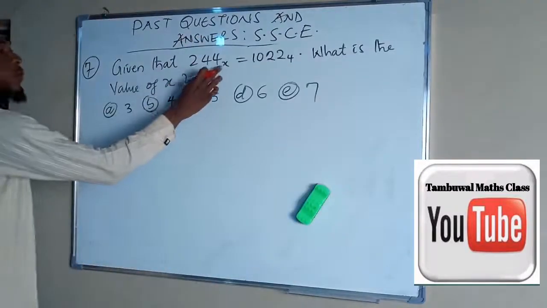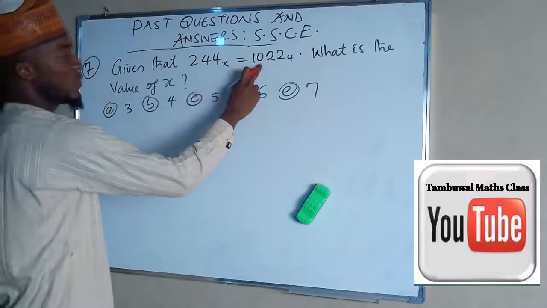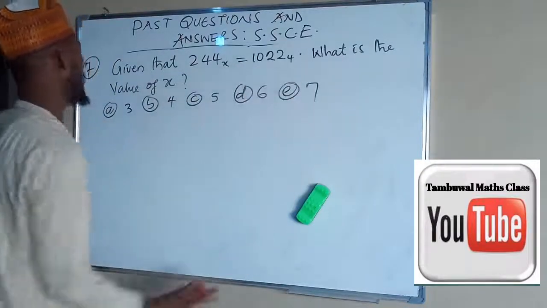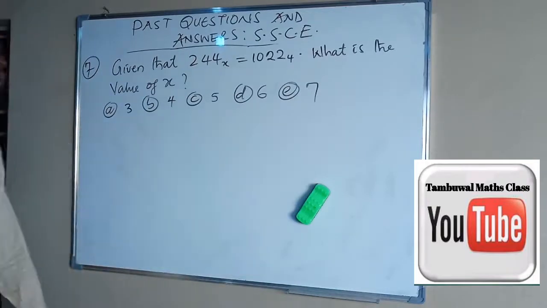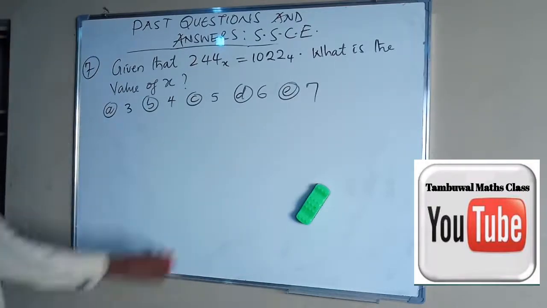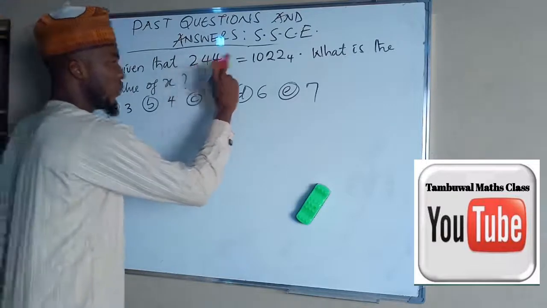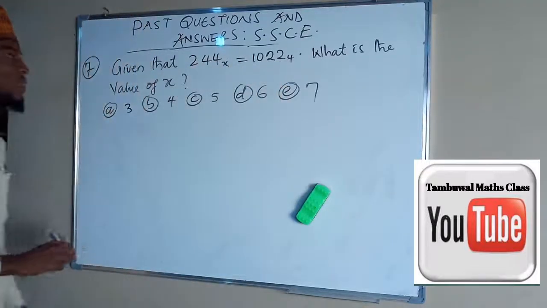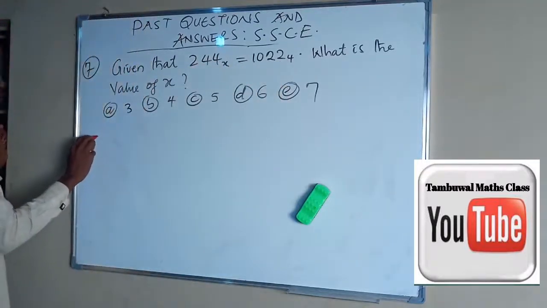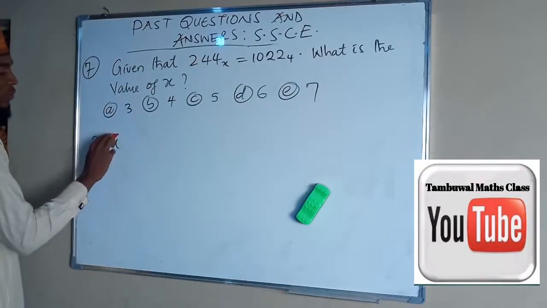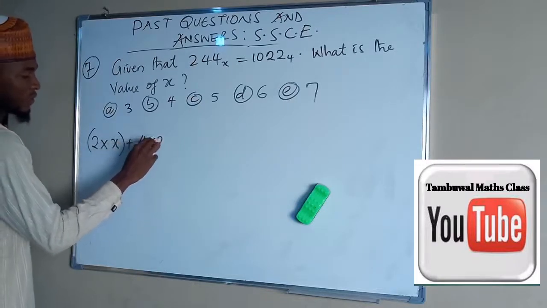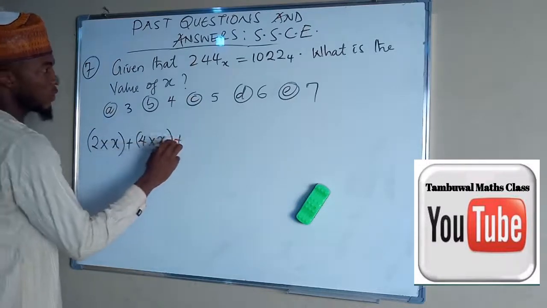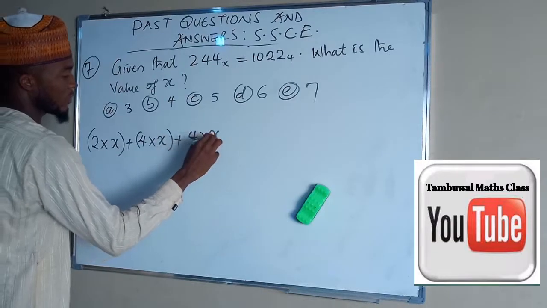Given that 244 base x equals 1022 base 4, what is the value of x? These are the available options given to us. To find x, we need to transform each one of these into base 10. So we start with the very first one, which is 2 times x, the number which we don't know, plus 4 times x, plus 4 times x.